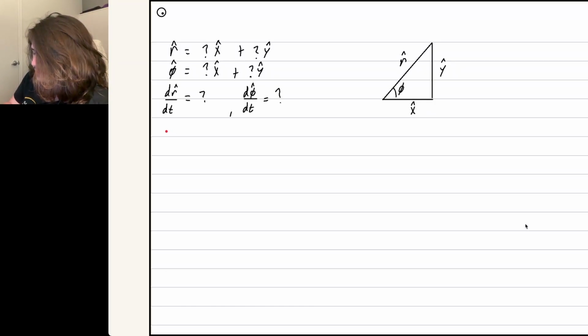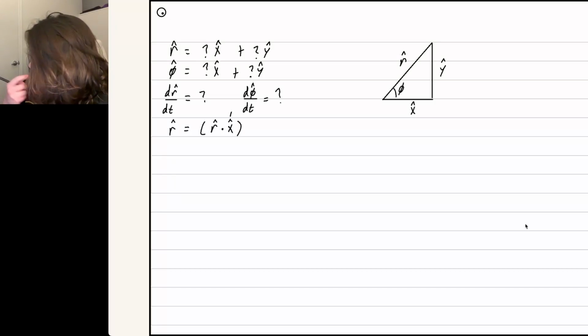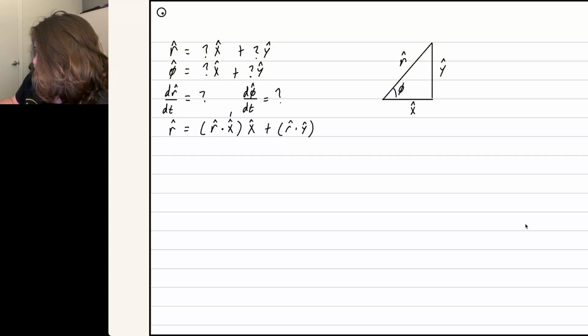An interesting thing to note about any vector is that you can decompose it as itself dotted with a unit vector that you want to represent it as, times that unit vector, for all unit vectors that you want to represent it with.